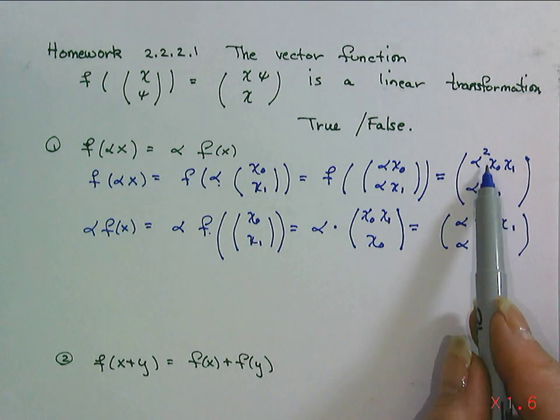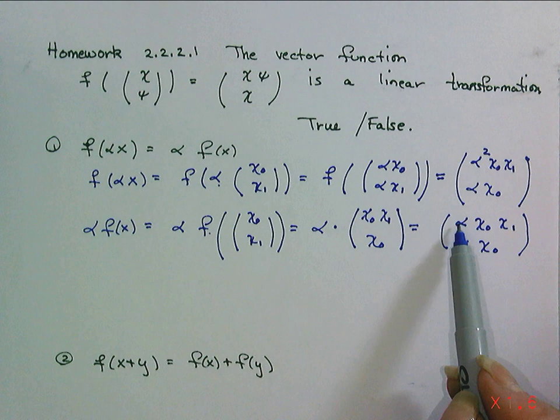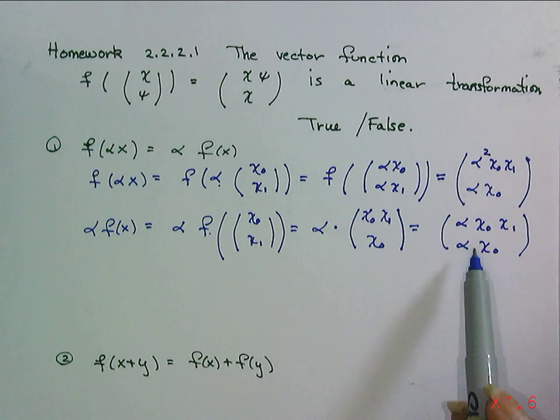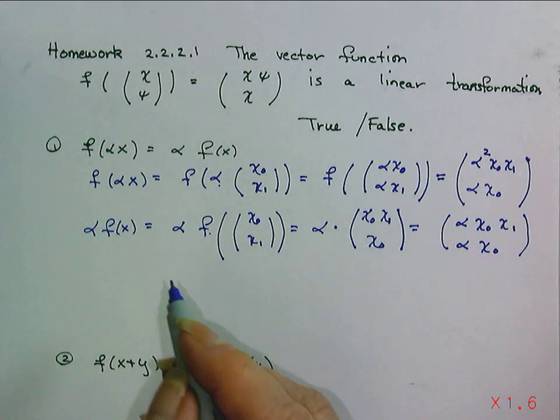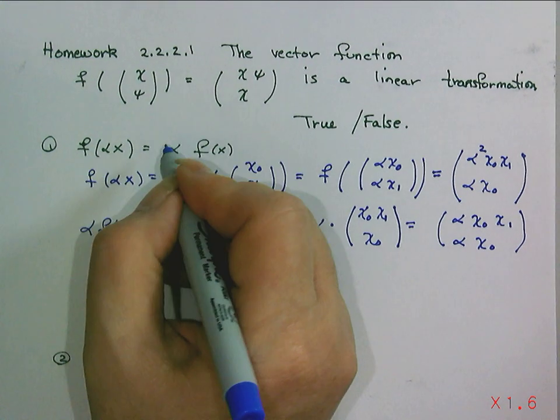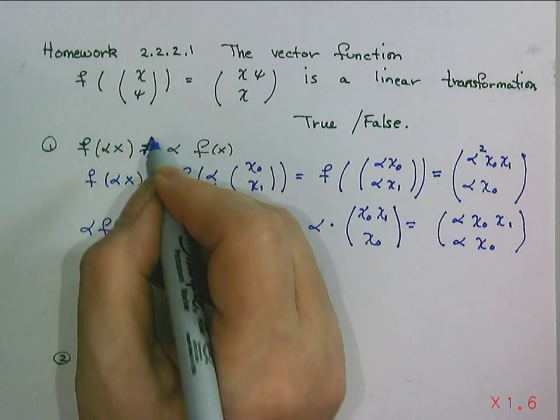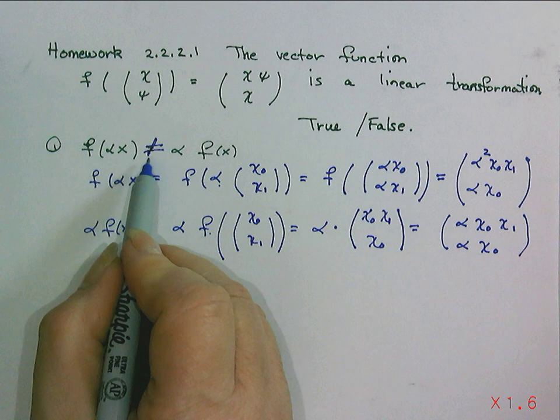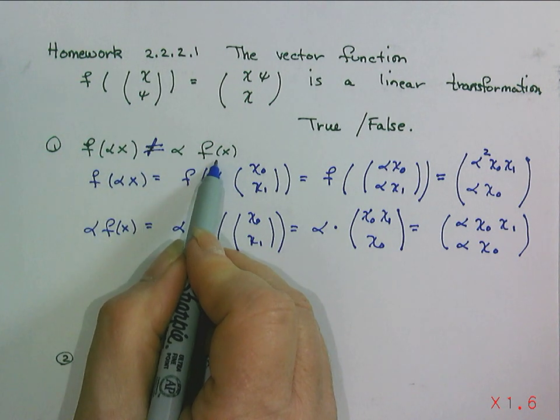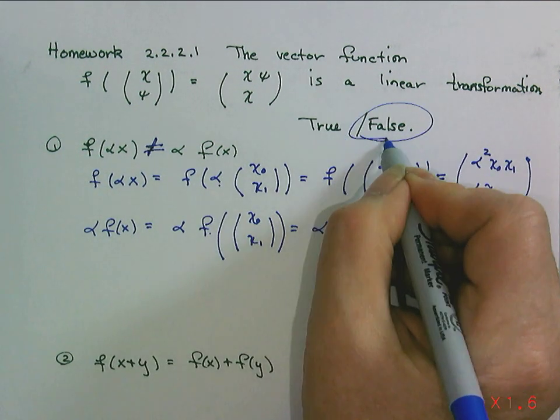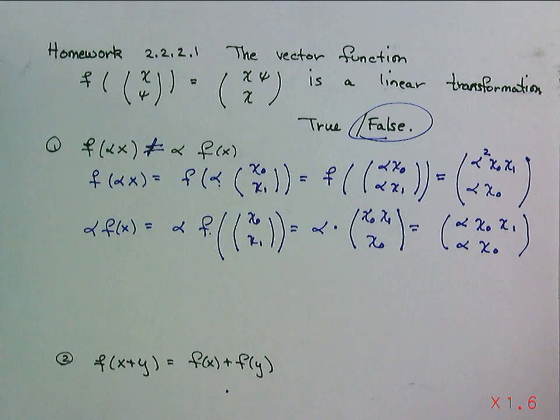So if alpha was something other than 0 or 1, these two would not be equal. And so, it's not the case that f of alpha x is alpha times f of x. And so we don't even have to bother any further. This particular function is not a linear transformation. It's false.